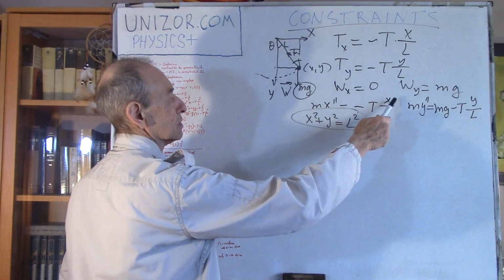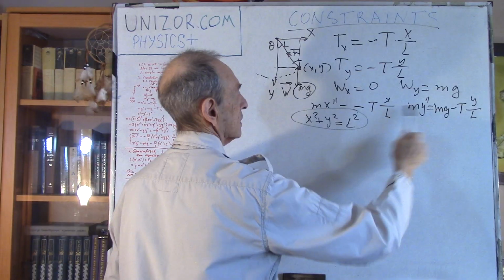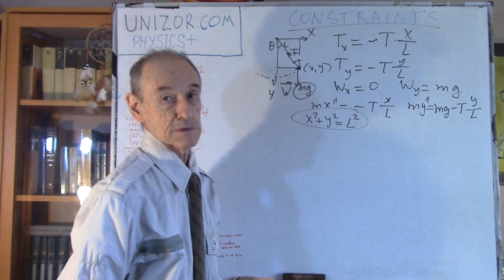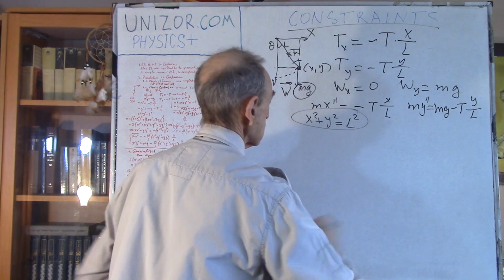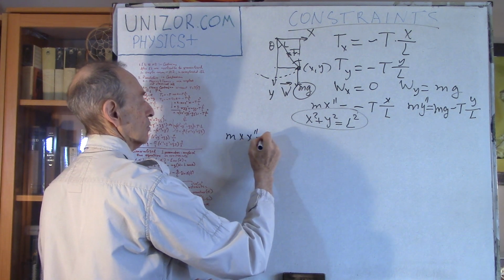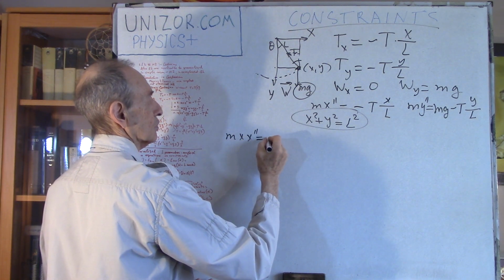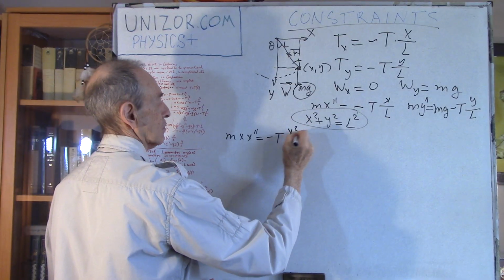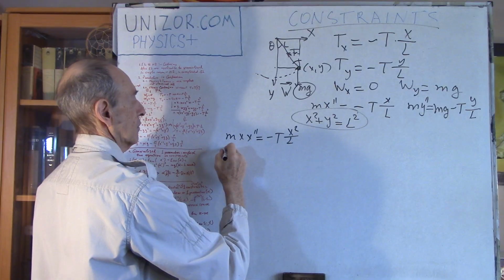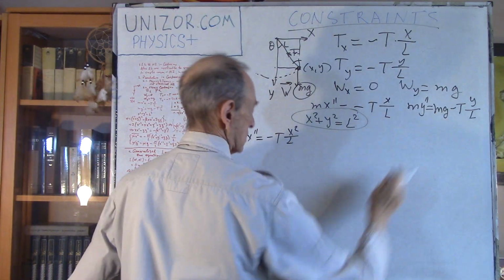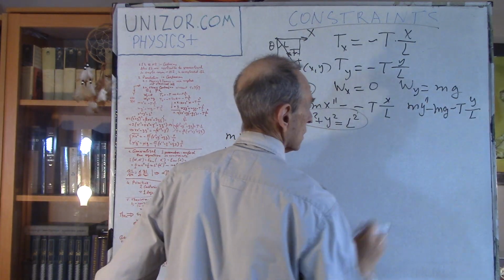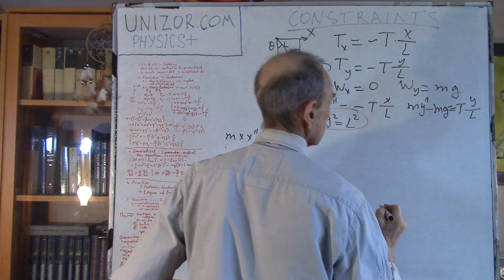We will multiply this by x and this by y and add them together, so it will be x squared plus y squared, so we will get rid of this, replace it with L. So this by x would be mx double prime is equal to minus T x squared divided by L. We multiply by x, right? Multiply this one by y, but let's just transfer this mg to the left of the equal sign.